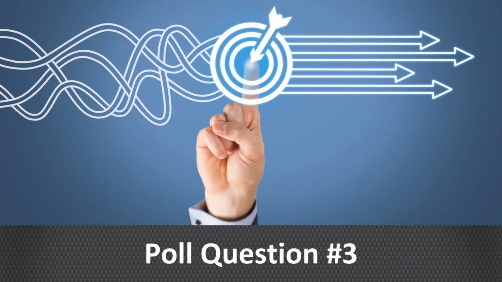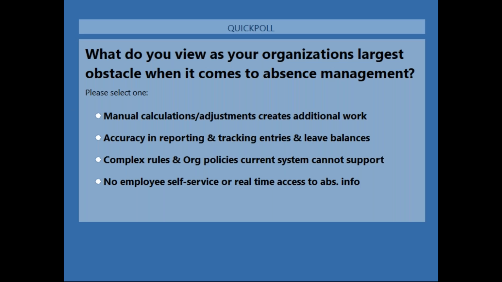Poll question 3. All right, so our third poll question. What do you view as your organization's largest obstacle when it comes to absence management? Please select one of the following. Manual calculations / adjustments creates additional work. Accuracy in reporting and tracking entries and leave balances. Complex rules and org policies current system cannot support.